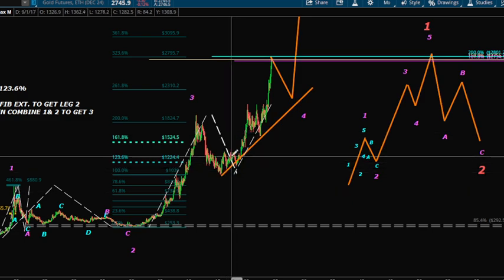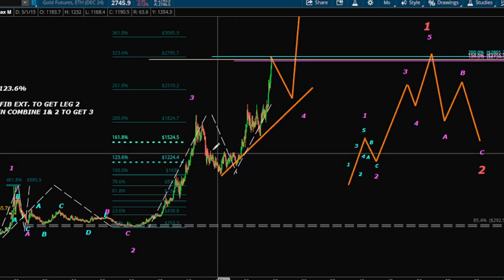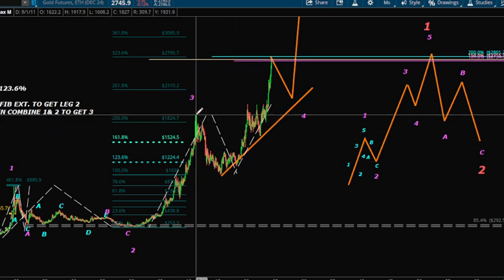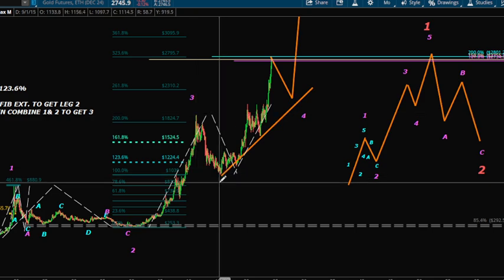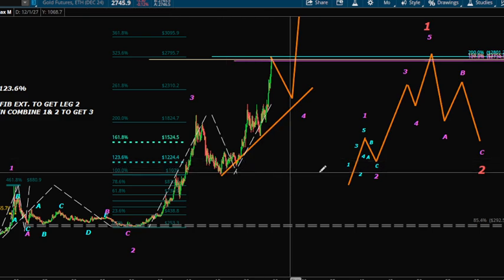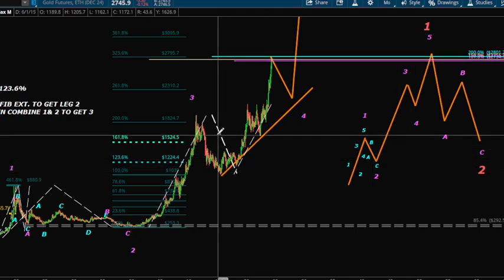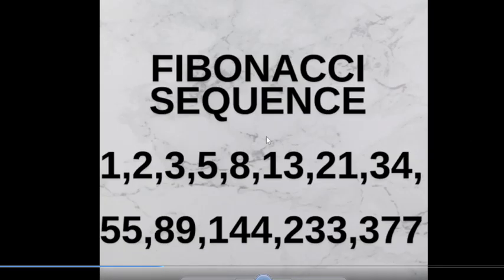I can tell you right now these are lower degrees because of the time factor. This took from this top here in August of 2011 down to December 2015, like 4 years. And this little correction here is just a year and a half. So you can calculate the duration of a correction by Fibonacci sequence also.